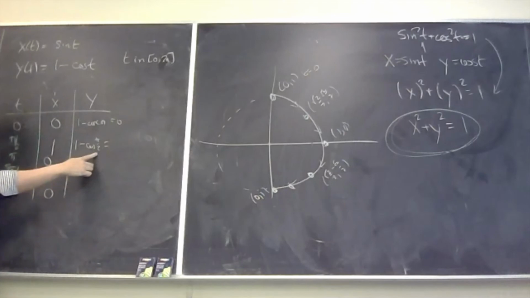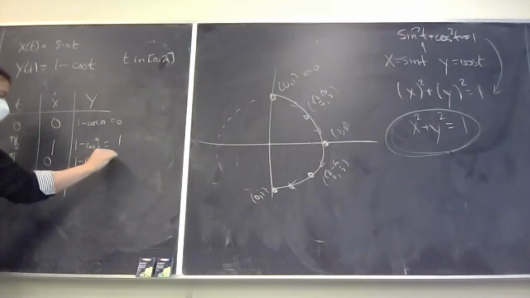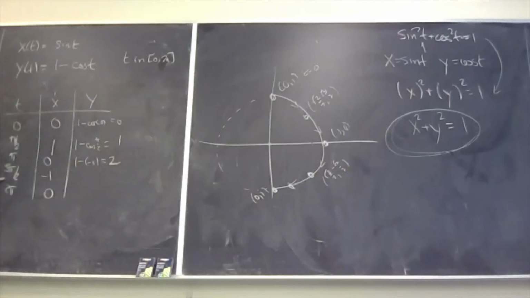Cosine of pi over 2 is 0, so 1 minus 0 is 1. Cosine of pi. So it's 1 minus negative 1, which is 2. Cosine of 3 pi over 2.